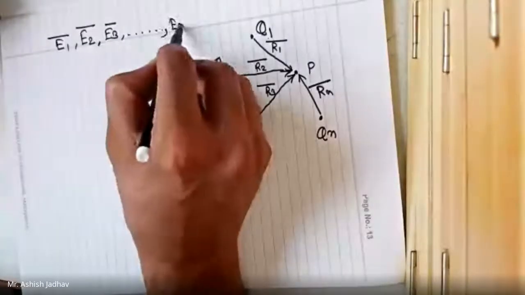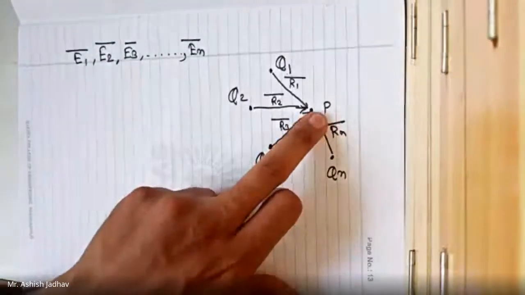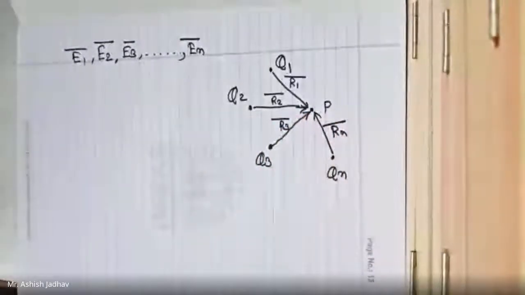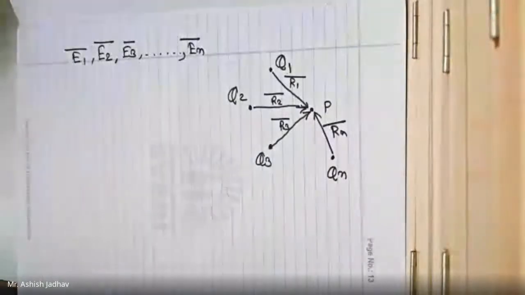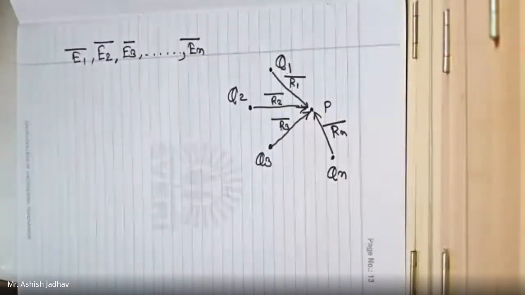I'm talking about multiple charges, right? So at the end, if I want to calculate this electric field at point P, what would be the solution? How can we proceed to find this electric field at point P? Any idea?